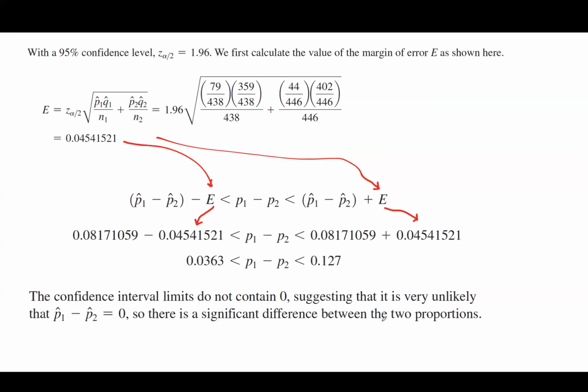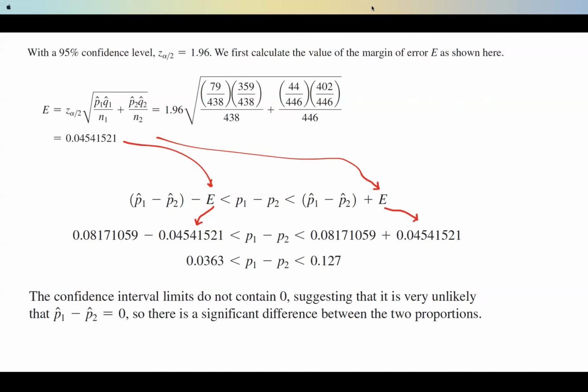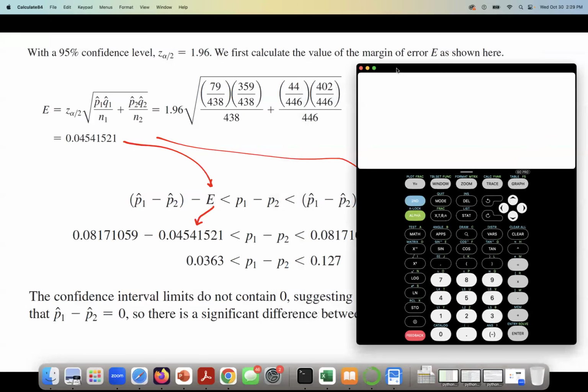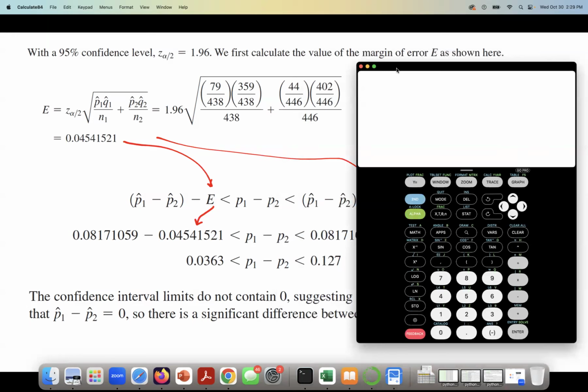Let us take a look at our calculator, the TI-84, and use it to do the computation. Let me share the screen with you. To construct the confidence interval for two population proportions, first you're going to click on Stat, and then go to Tests.